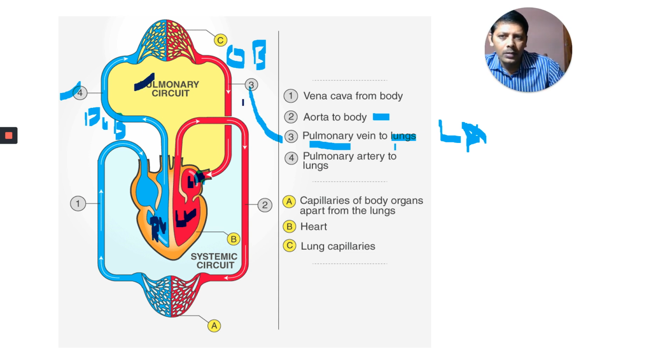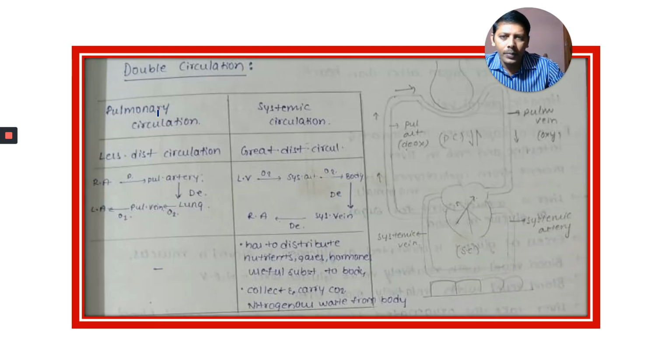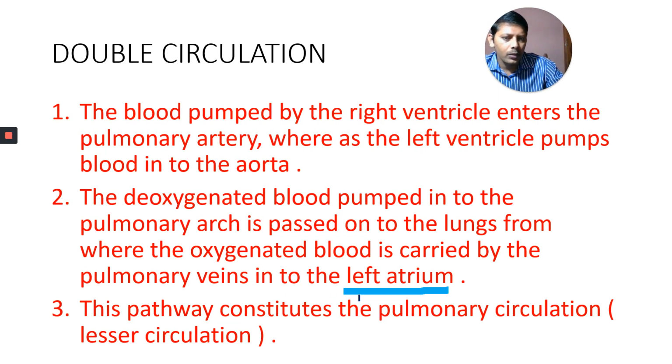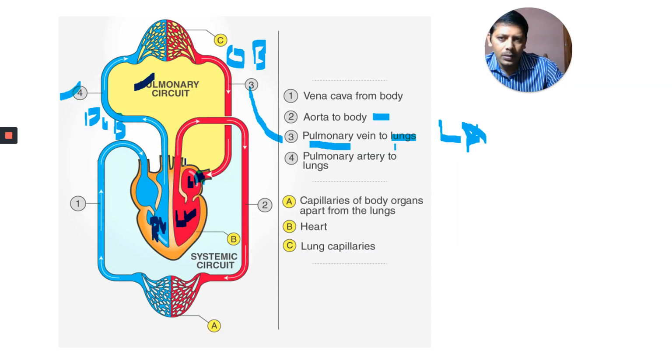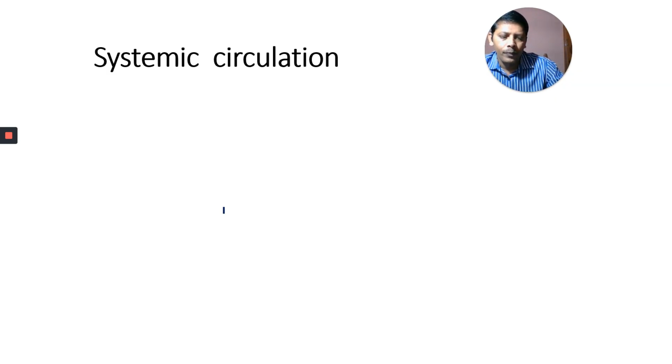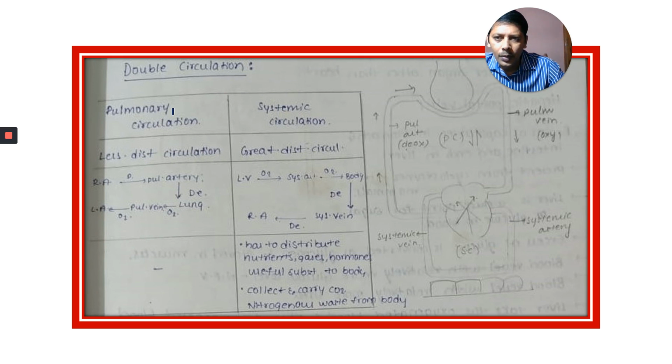This circulation is called the pulmonary circuit or pulmonary circulation. It is the lesser circulation, as the distance is very small here. Observe here: pulmonary circulation and systemic circulation, that is what we are talking about in double circulation. The pulmonary one is the lesser distance circulation, and this is the great distance circulation, the greater circulation.